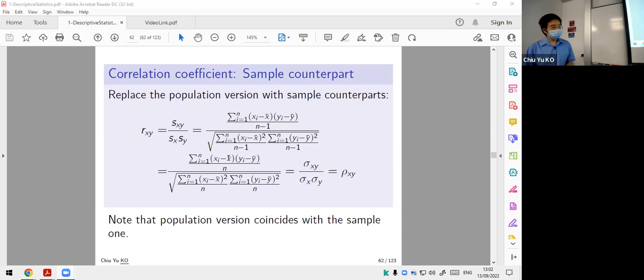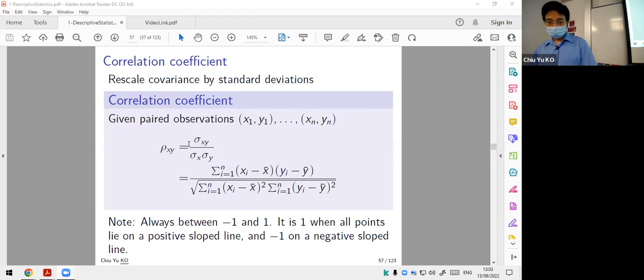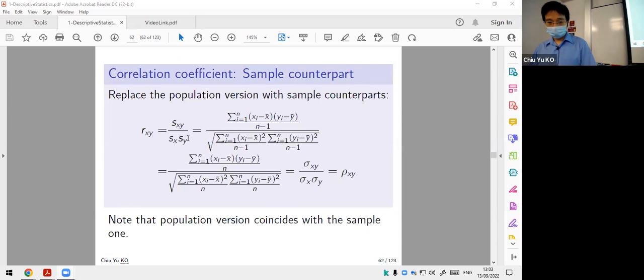Finally, one very interesting thing is there's no sample counterpart for this. The reason is if you replace everything from sigma to the S version, you get the same formula. So one good thing about the correlation coefficient is there's no need to consider the sample version, which is the same as the population one, which is kind of funny.